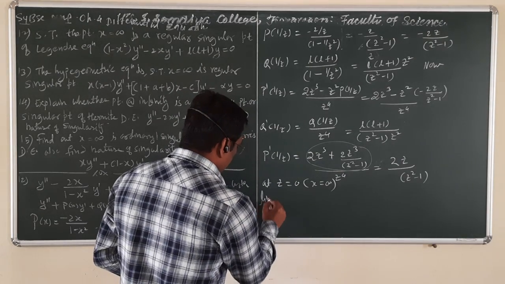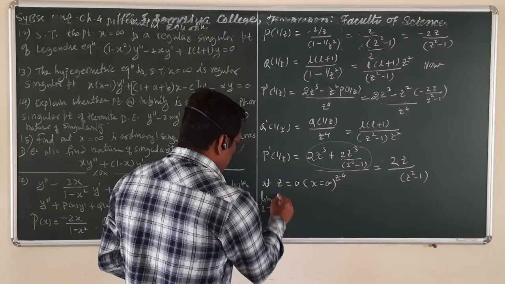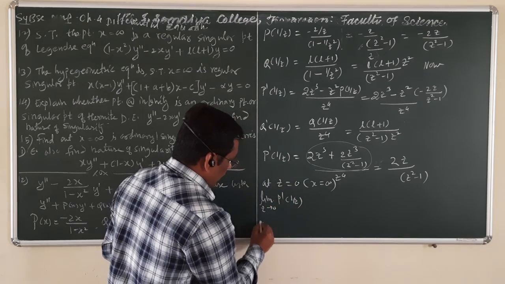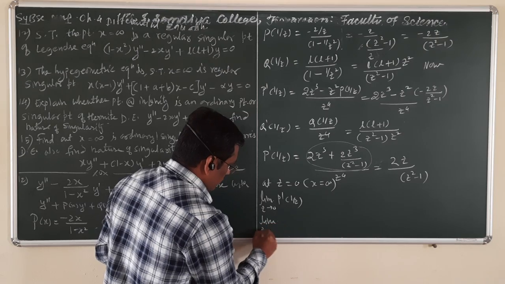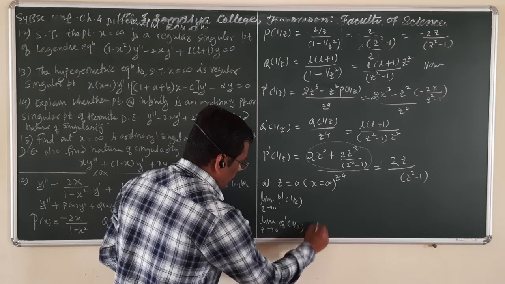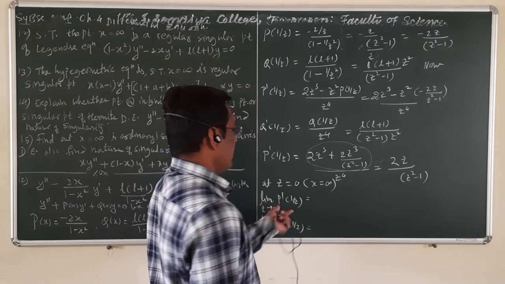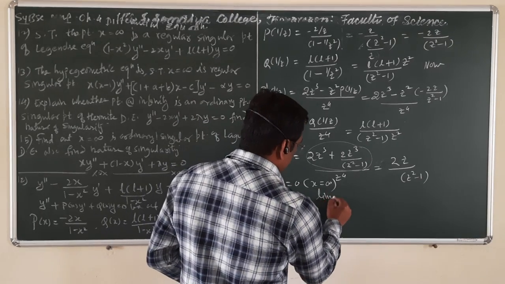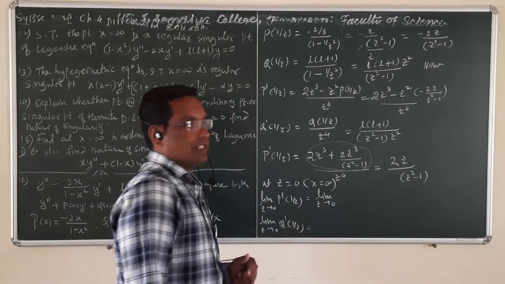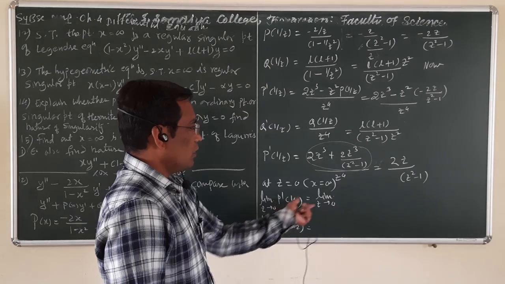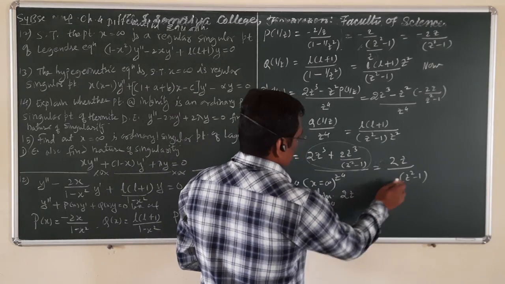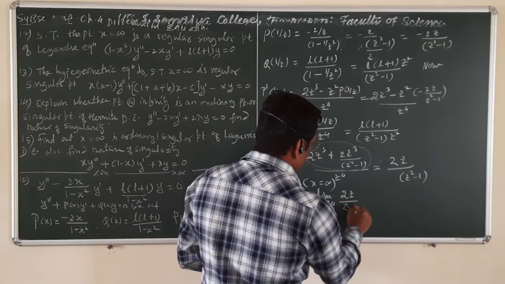So limit as Z tends to 0, P dash of 1 upon Z, and limit as Z tends to 0, Q dash of 1 upon Z. Now, P dash of 1 upon Z is 2Z upon Z square minus 1.